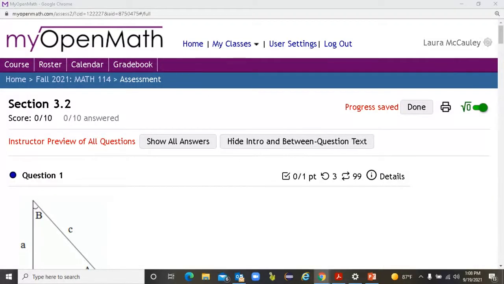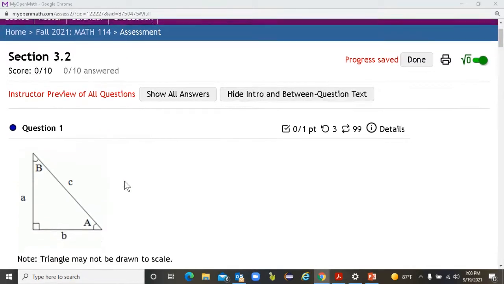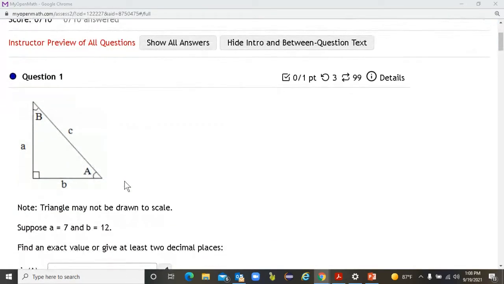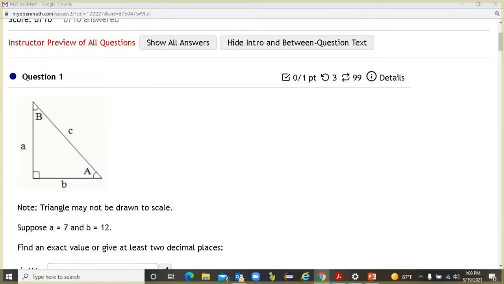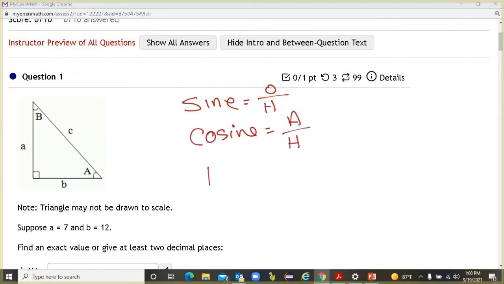Okay, let's look at some of the 3.2 homework here. In 3.2, we were looking at right triangles, and we were using our SOH-CAH-TOA type stuff. So really what we need to know here is that sine is some old hippie that comes around here, tripping on acid.